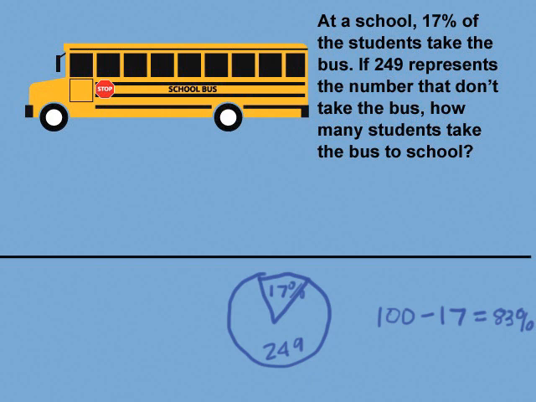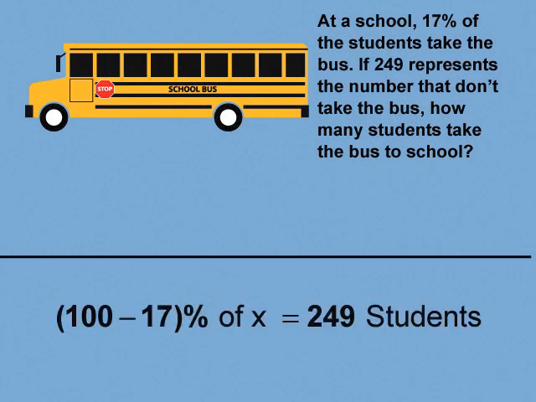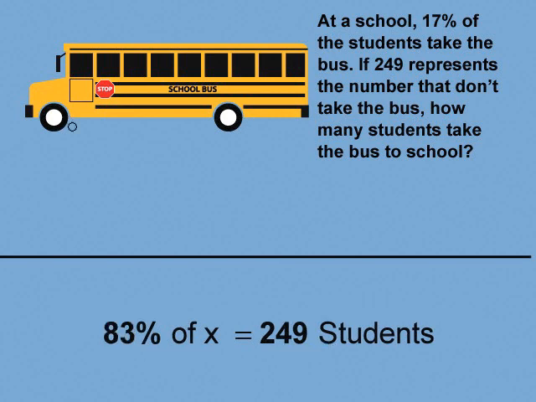Now we can set up an equation to find the total number of students. 100 minus 17% of x equals 249 students. This becomes 83% of x equals 249 students. We can now write the percent as a decimal and solve for x.